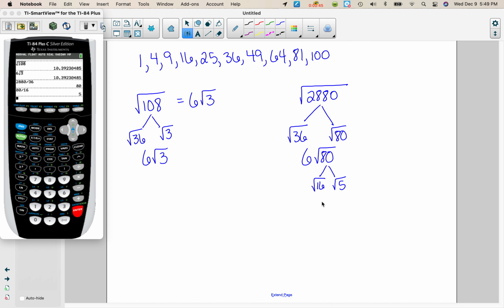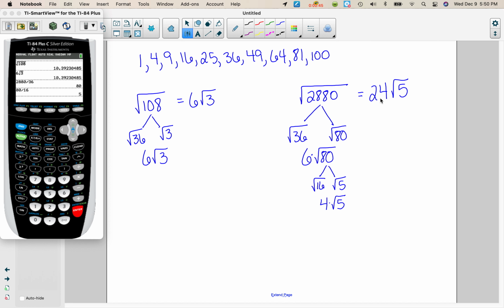The square root of 16 is 4, so I get 4 root 5. Remember that this is multiplying, it's implied, even though we don't have to use the times sign, which meant this was multiplying too. So the 4 that I have here has to be multiplied with this 6. So my answer, 6 times 4 is 24, so I get 24 root 5.